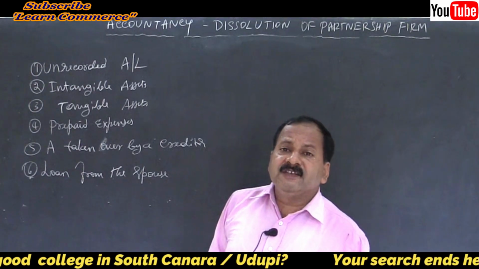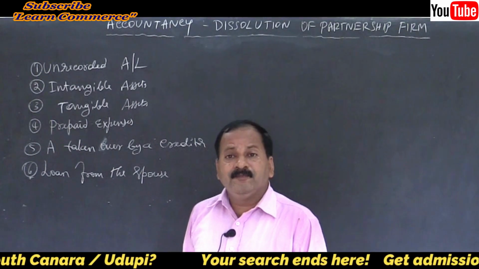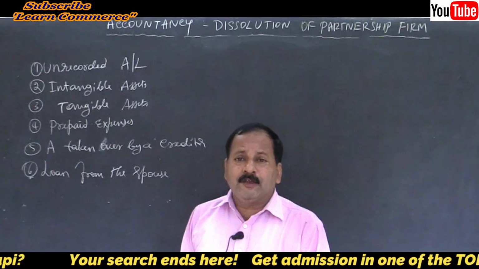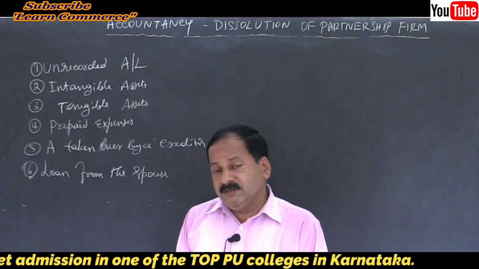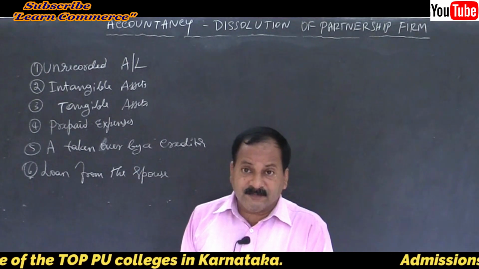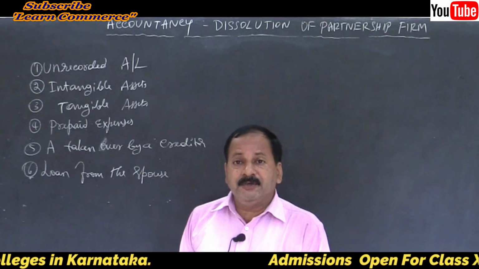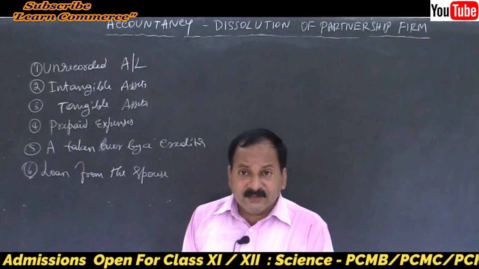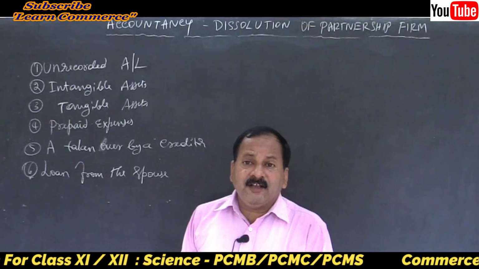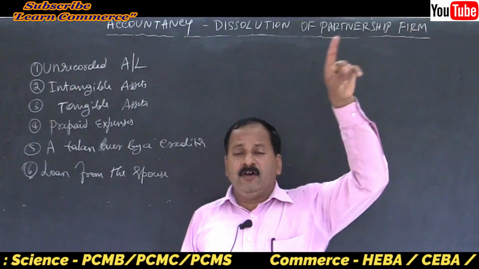any accumulated reserves, profits or reserve fund or any accumulated fund belonging to the partners or even accumulated losses should not be transferred to realization account. I already told you regarding this, that should be treated like we did under admission or retirement.